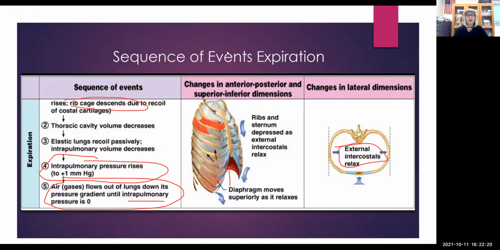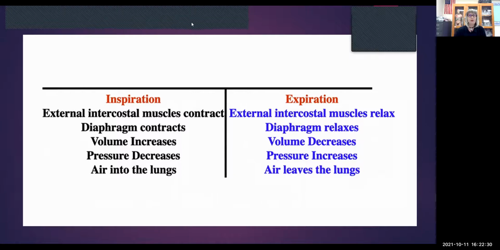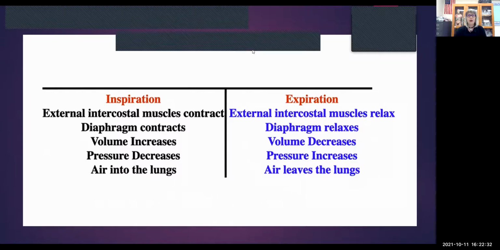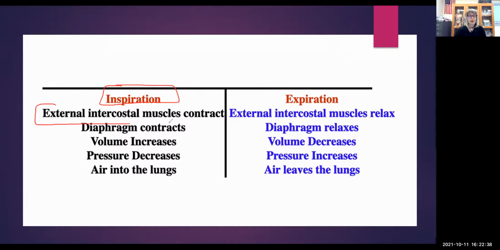As I move on to the next slide, let me clear the annotations. All right. So bottom line is, what do we need to know? We need to know that on inspiration, the external intercostals contract, but on expiration, the external intercostals relax, and the internal intercostals will contract to bring the rib cage back down.